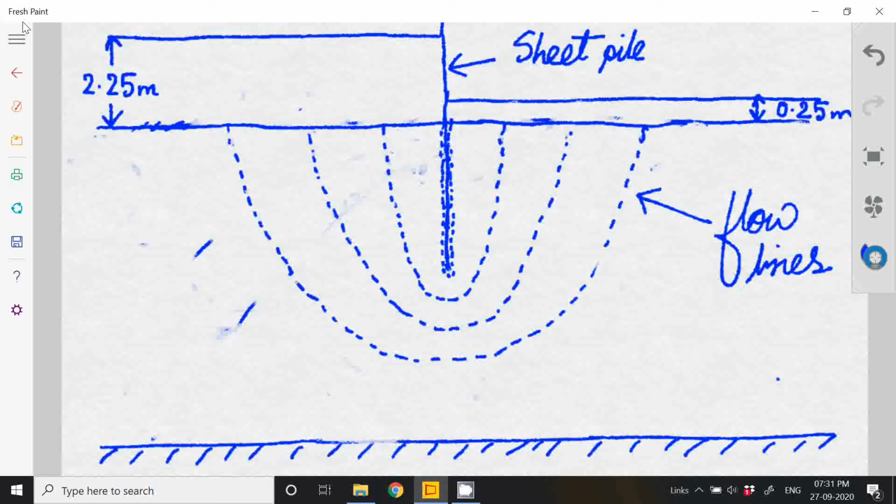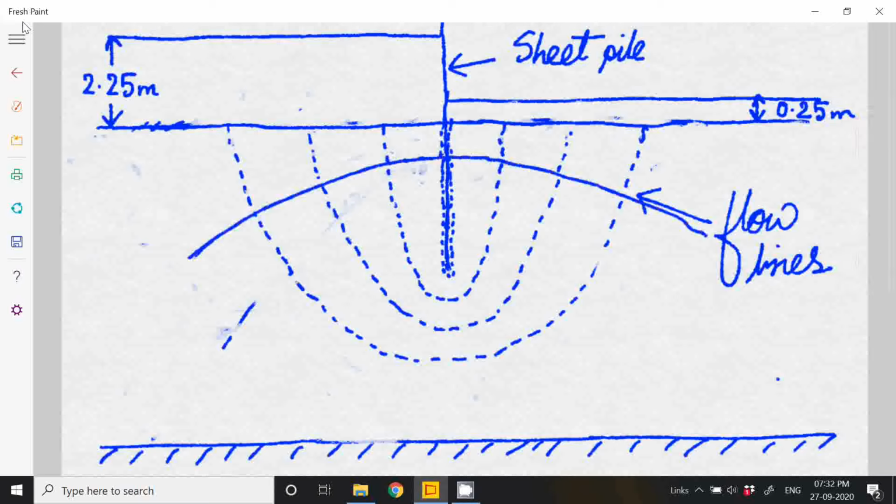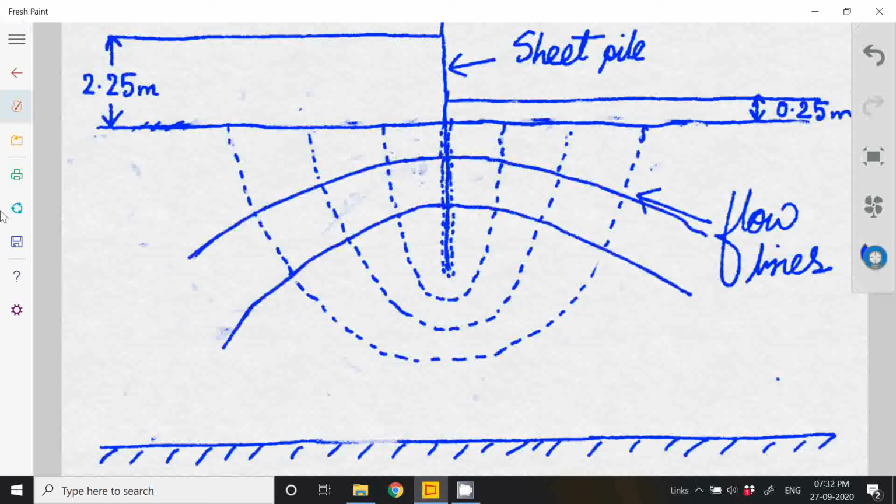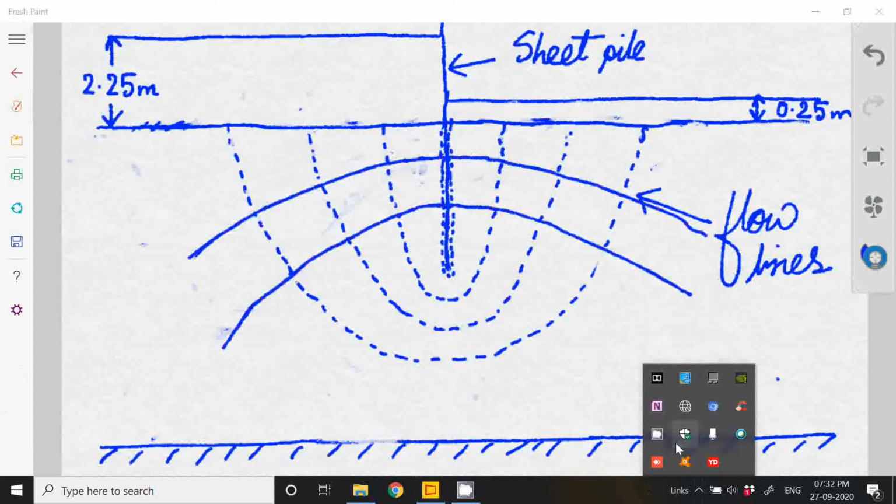And these lines, if I try to draw them here now, let me draw the equipotential lines. It will look like this. These will be called the equipotential lines. Okay, so there will be numerous equipotential lines, but I'll be drawing just a few.